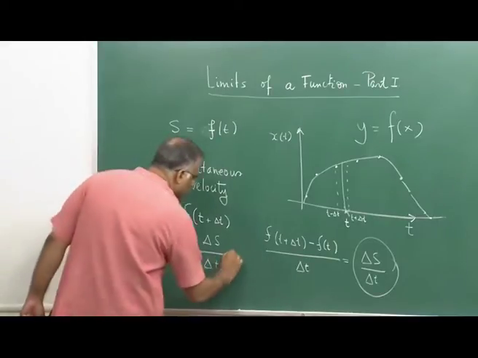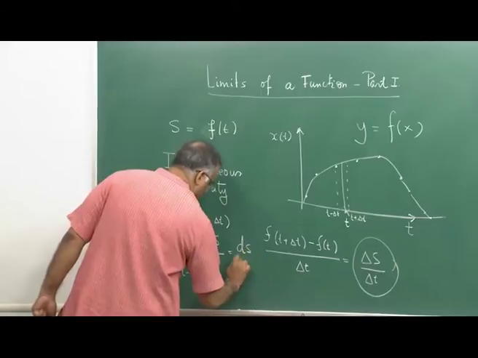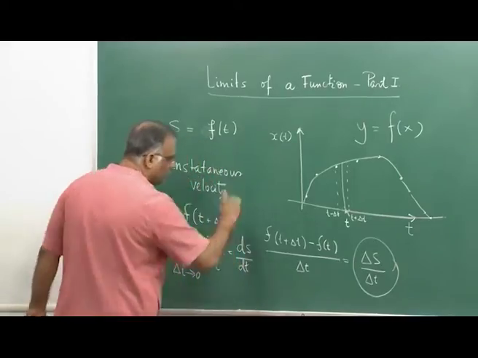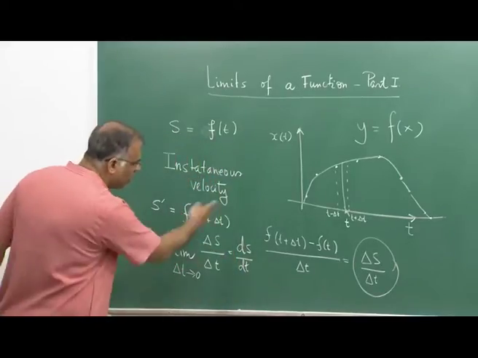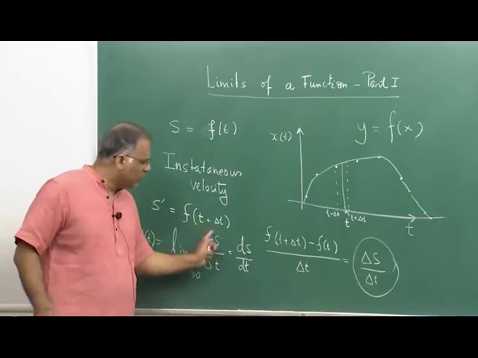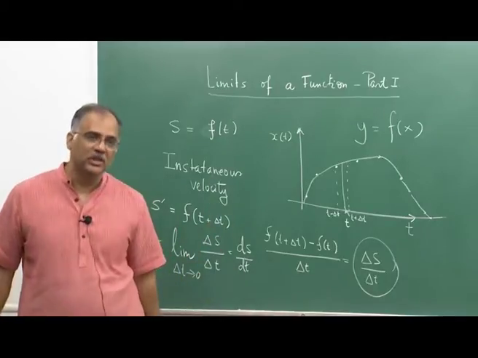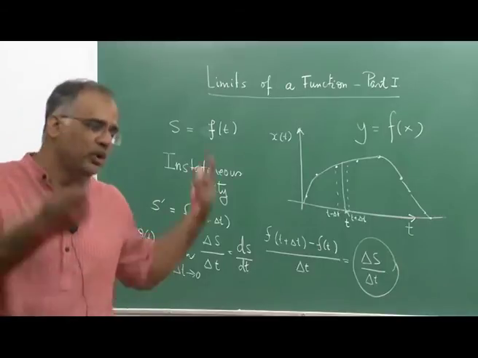It is sometimes also written by this fashionable symbol d/dt of s, which is called the derivative of the function s with respect to the time t, computed at the time t.